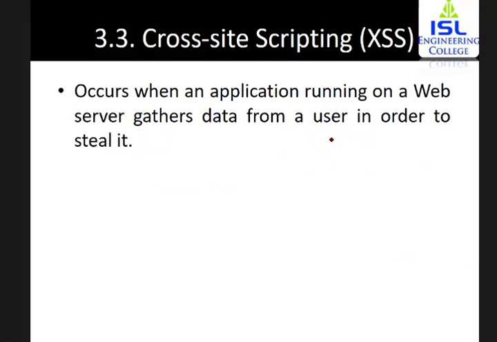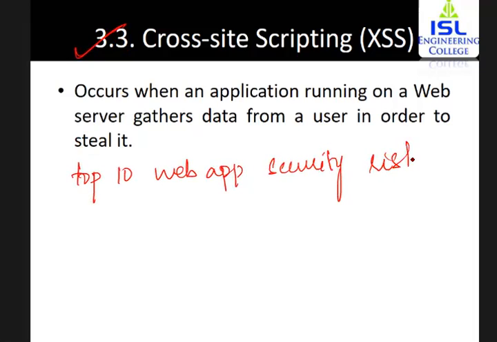The next one is XSS, that is cross-site scripting. This cross-site scripting is among the top 10 web application security risks. It occurs when an application that is running on the web gathers data from a user in order to steal it.